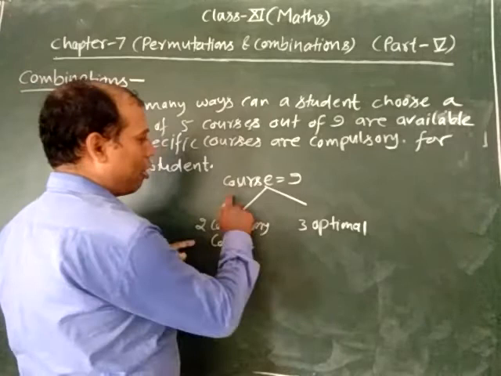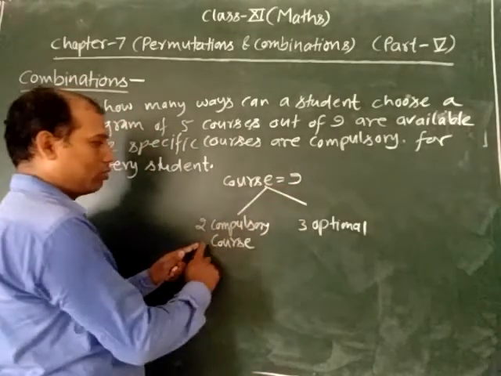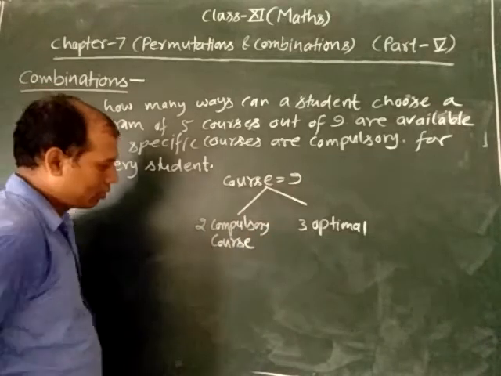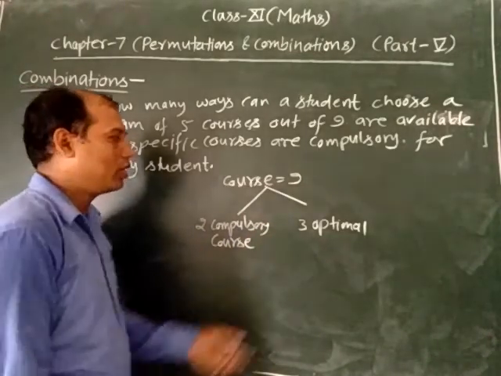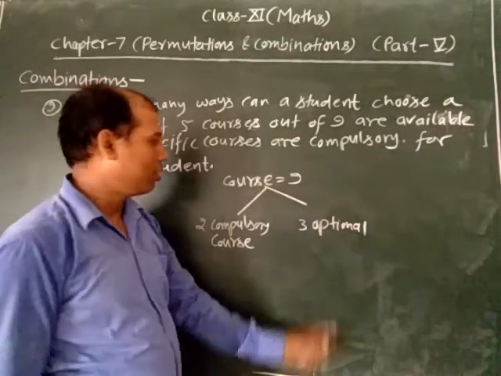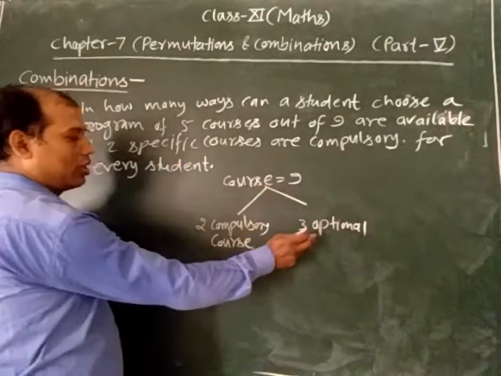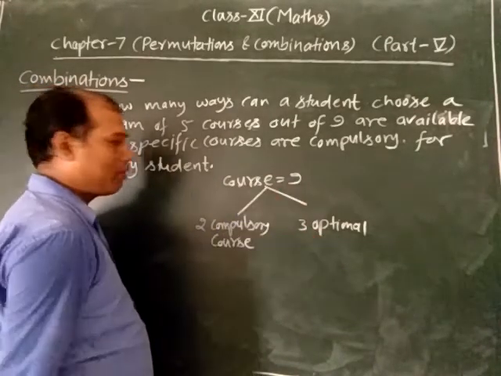That means out of 9 courses, 2 courses are reserved for compulsory courses. So there are only 7 choices available for these 3 optional courses. So these 3 optional courses can be selected out of 7 available courses.